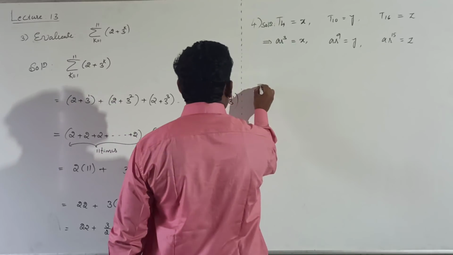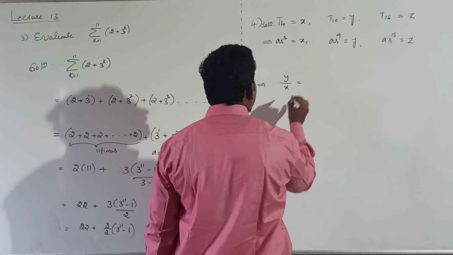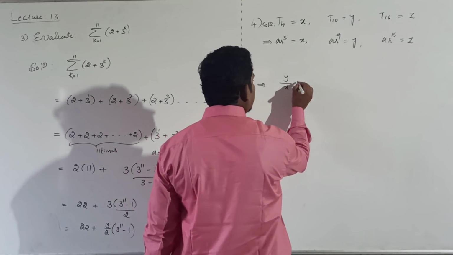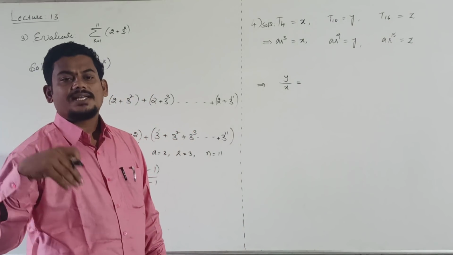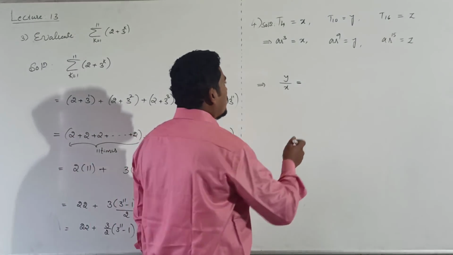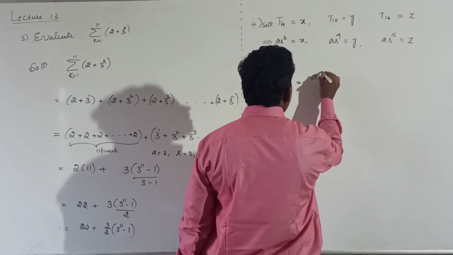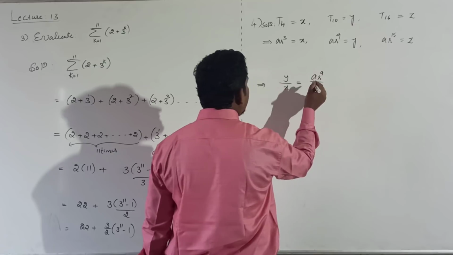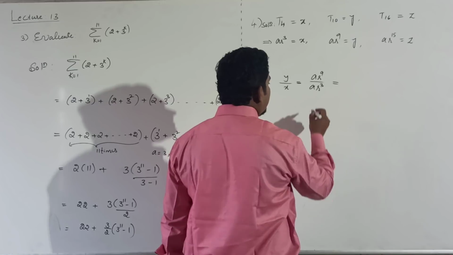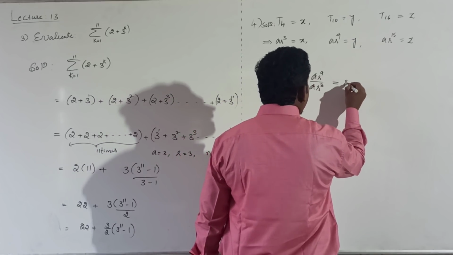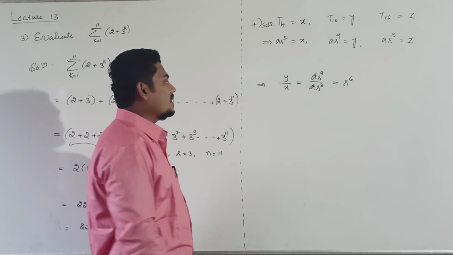Now take the ratio y divided by x. Check whether the ratio is constant, meaning the ratio is the same or not. Take y by x. What is the y value? a into r power 9 divided by the x value, a into r cube. After simplification, it gives r power 6. y by x is r power 6.